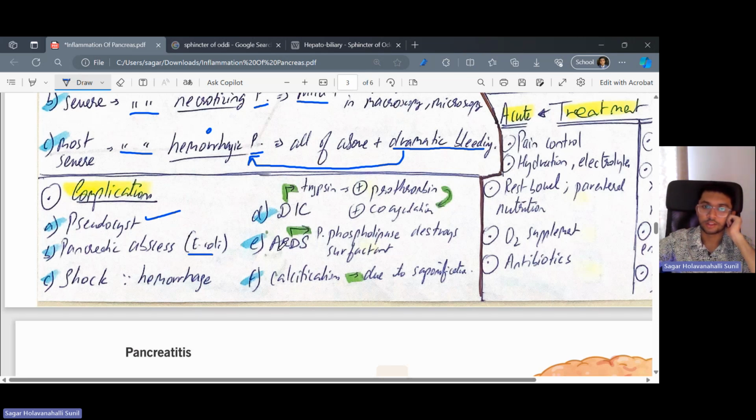Then ARDS, acute respiratory distress syndrome, because pancreatic phospholipase destroys the surfactant. And then you also have calcifications that occur due to saponification. There can be many different calcifications in the peritoneum. However, if this calcification is dystrophic, that is occurring in multiple areas and to a great extent, it's usually a sign of chronic pancreatitis.